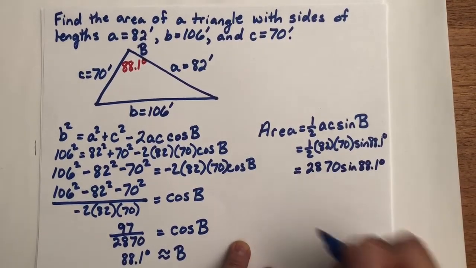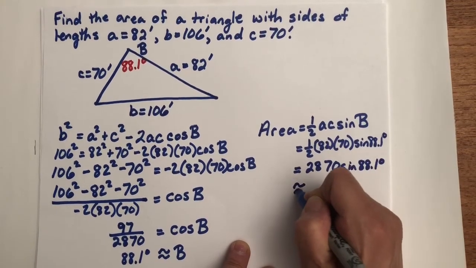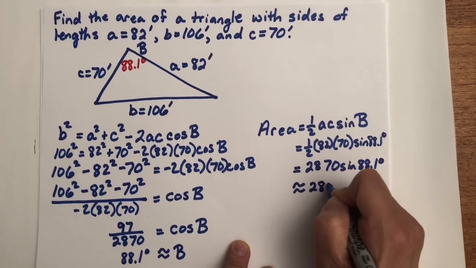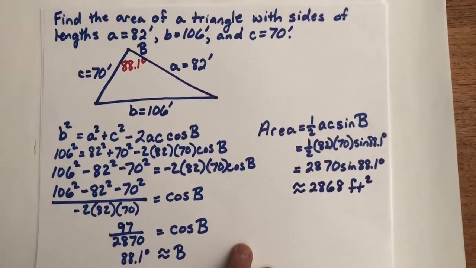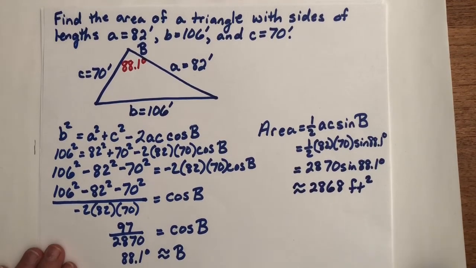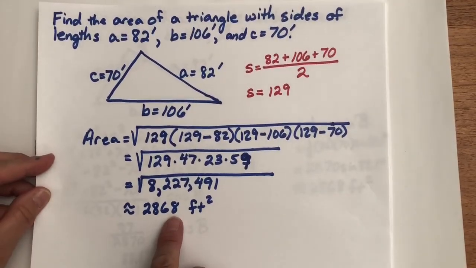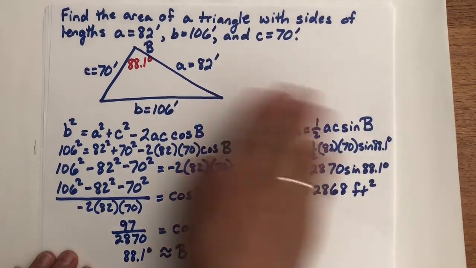And we can just punch that in on our calculator. And we could have gone straight from here to this next line. And we get approximately 2,868 square feet. Took a little longer than using Heron's formula, but it's definitely giving us the same results. Notice here we had the area was 2,868 square feet. Here we do as well, just as we would expect.